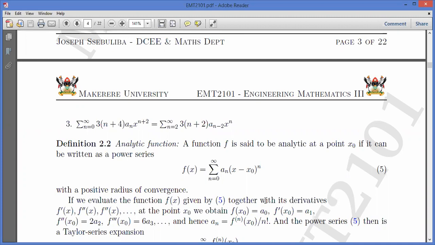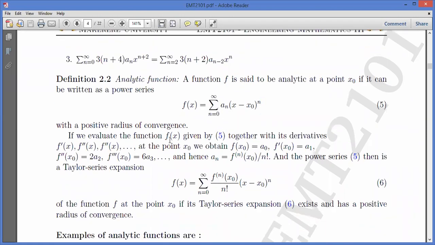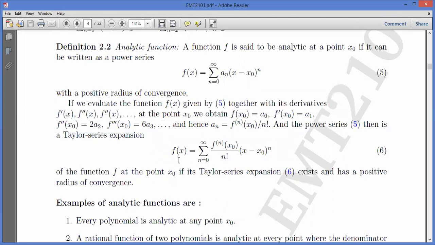And of course, those categories will all be based on the nature of that function in terms of being analytic or not. So here we are saying a function will be analytic at a point x naught if it can be expressed in this form. That was this power series form. This is the definition we have been using, with a positive radius of convergence.